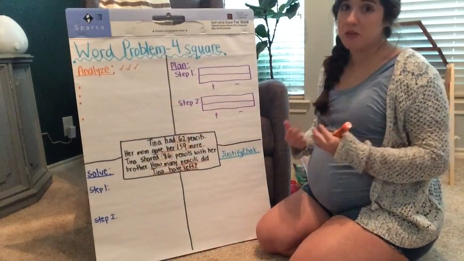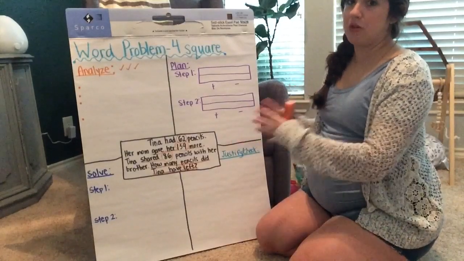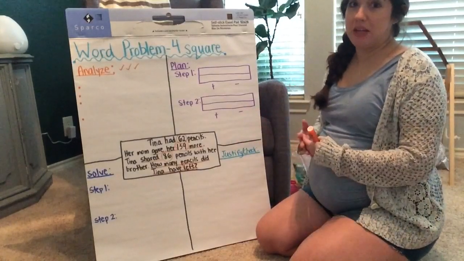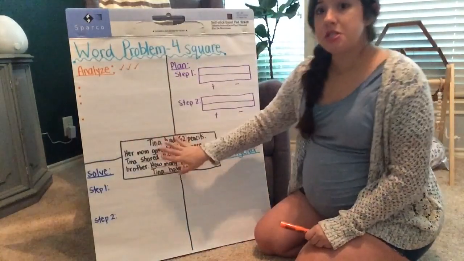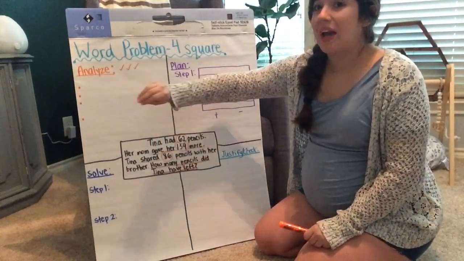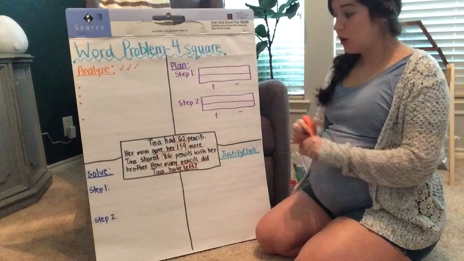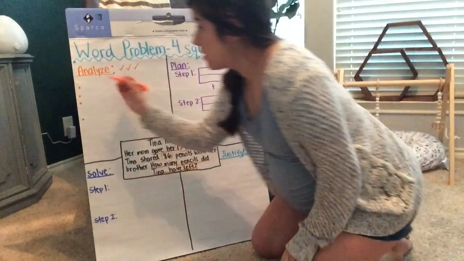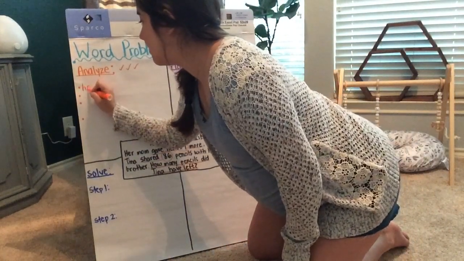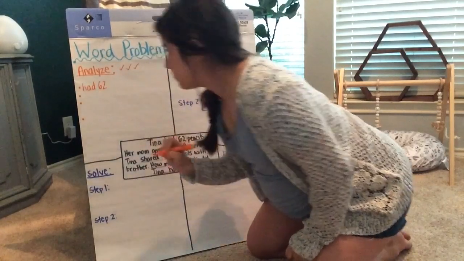It's just to make sure that they can completely comprehend what is going on and what strategies they may need to use, okay? So I have bullets here just to copy down what I know. What are the facts? What do I absolutely know for sure? And I know for sure that Tina had 62 pencils. So I'm going to put had 62.